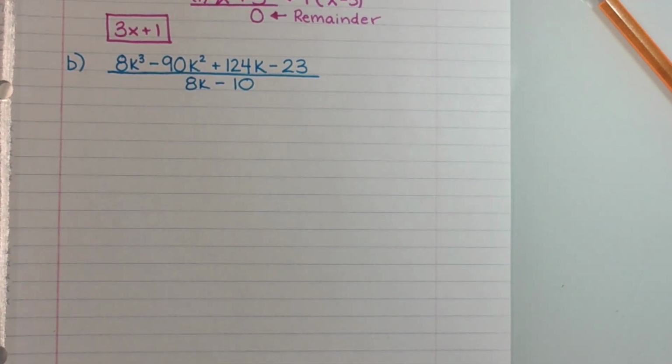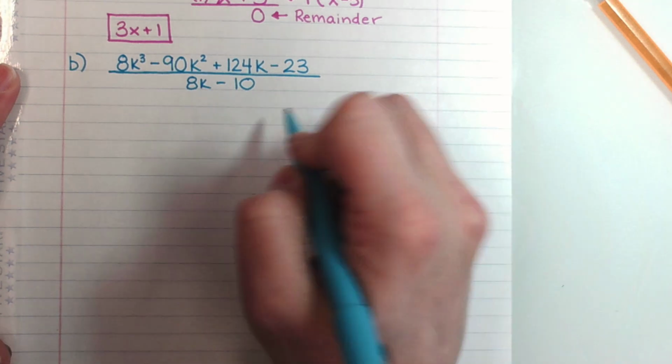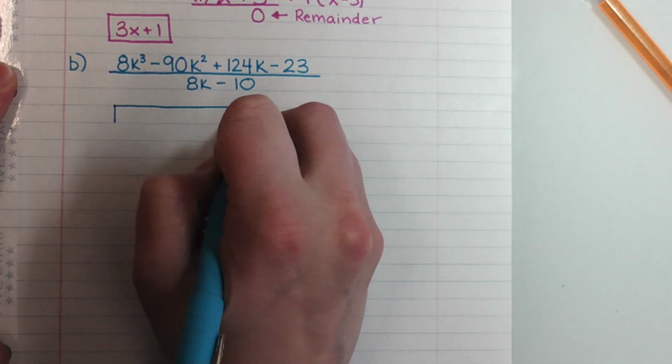k cubed minus 90k squared plus 124k minus 23 getting divided by 8k minus 10. Okay, so I set up my long division. I set up my little box.